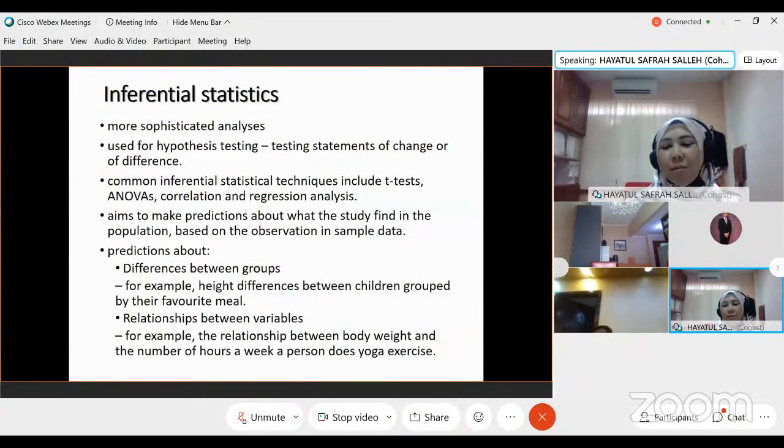So please, people, we need to exercise. So this is about inferential statistics, but you can also use any other software, like PLS-SEM. A lot of studies depend on you, as long as it can answer your hypothesis testing.